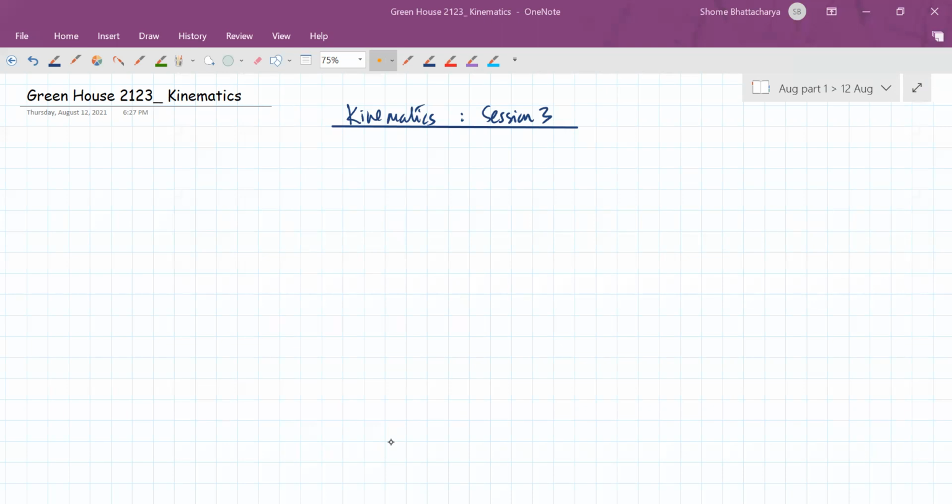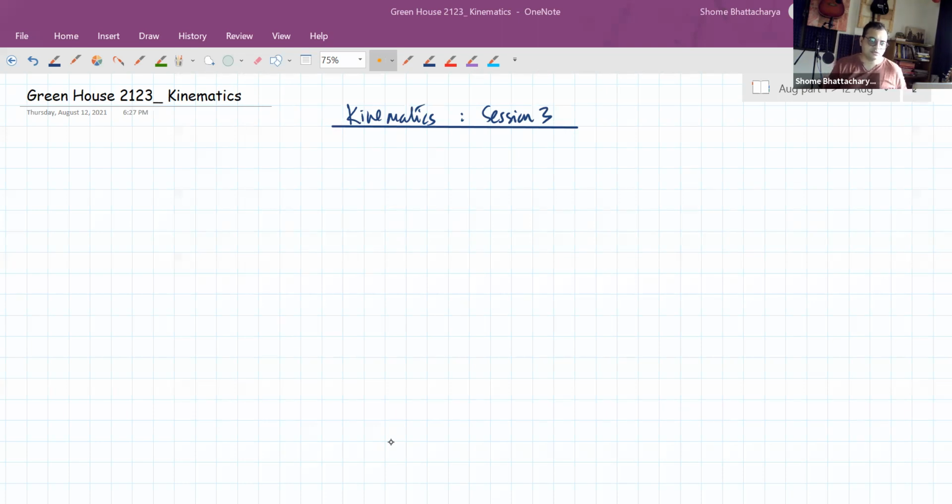So we had seen the general relationship between velocity, displacement, and acceleration from a one-dimensional kinematics perspective, motion along a straight line. And then we had gone on to see the special case of uniformly accelerated motion. And we had seen the derivation of the three standard equations of motion along a straight line with uniform acceleration, that v equal to u plus at, and those three equations in general.